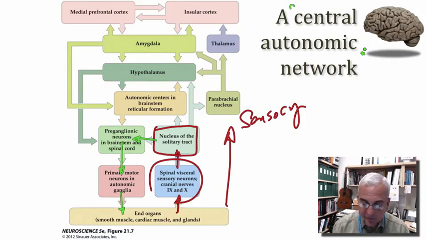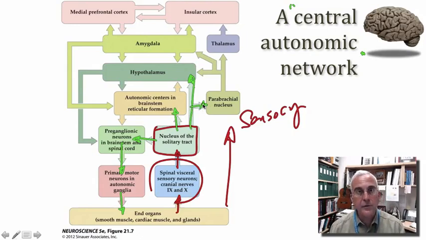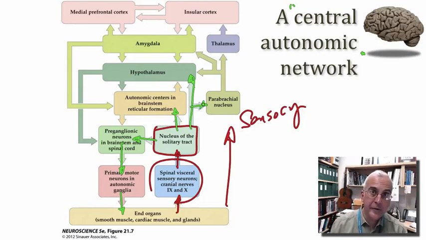So from the nucleus of the solitary tract, inputs are passed into the reticular formation of the brainstem. They're also distributed directly to the hypothalamus and then indirectly to another nucleus of the brainstem called the parabrachial nucleus. This is found very near the superior cerebellar peduncle as it attaches to the upper part of the pons.